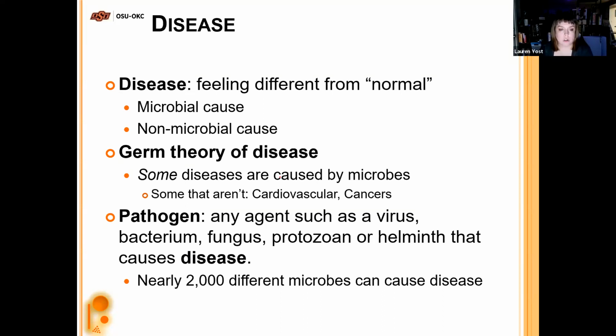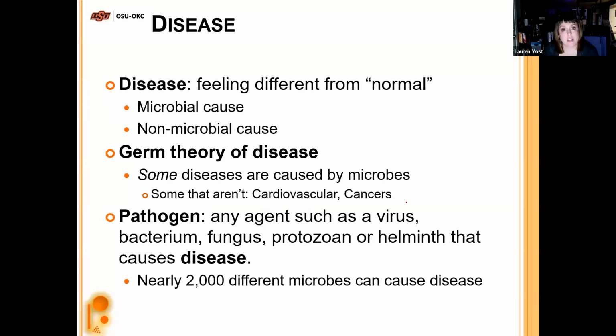But the idea is if it is a communicable disease, like I get sick and then I pass it on to you, and it can be shown that it is passed from person to person, then that is what the germ theory is as far as the cause of disease. Germ theory refers to communicable diseases having to be caused by something, microbes, pathogens is what we would call them, disease-causing microbes. And we'll get into that soon.